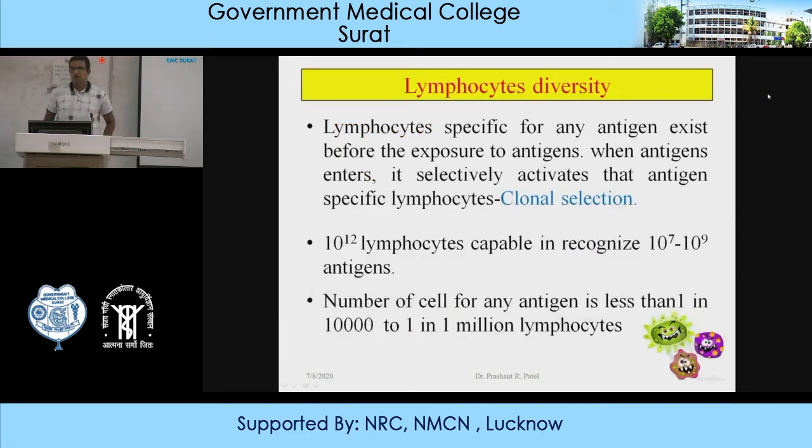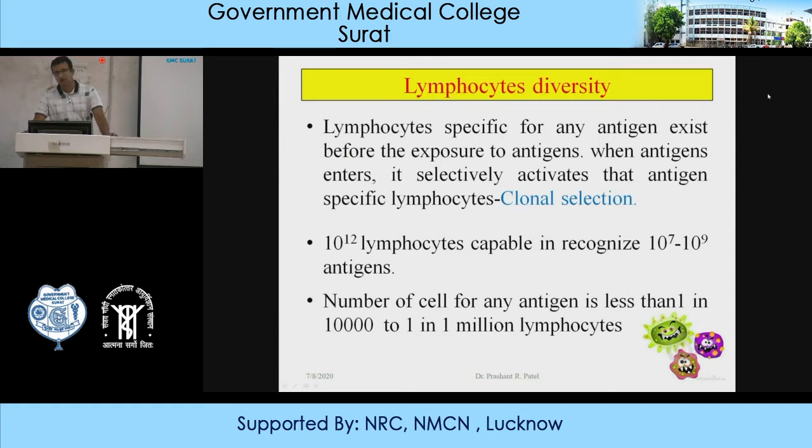Lymphocytes have a very important property known as lymphocyte diversity. Now, why is this lymphocyte diversity important? The lymphocytes specific for any antigen exist before exposure to antigens. When an antigen enters, it selectively activates those antigen specific lymphocytes. This is known as clonal selection.